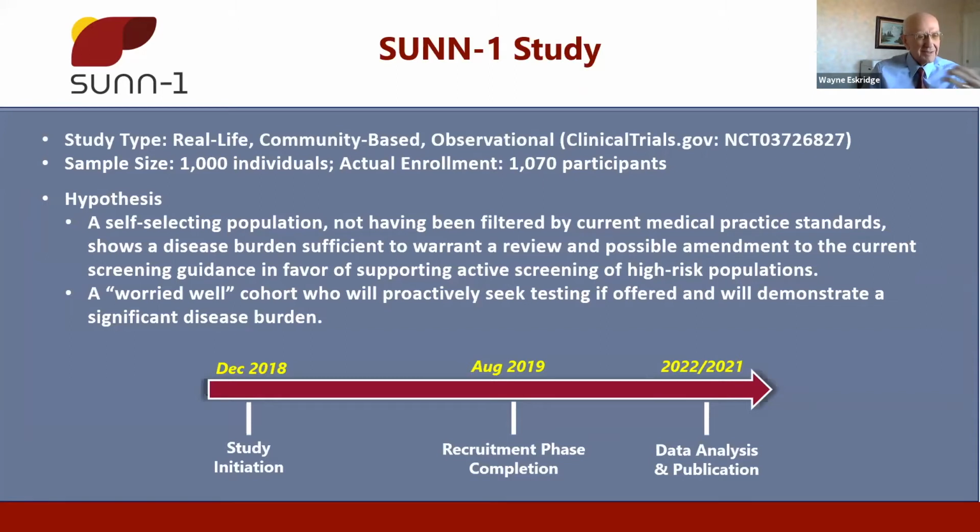So can we go out into the community, and will the community accept being tested or want to be tested for asymptomatic disease? And that was the Sun study. And we set out to screen 1,000 people with a FibroScan, which we actually did in 2019.